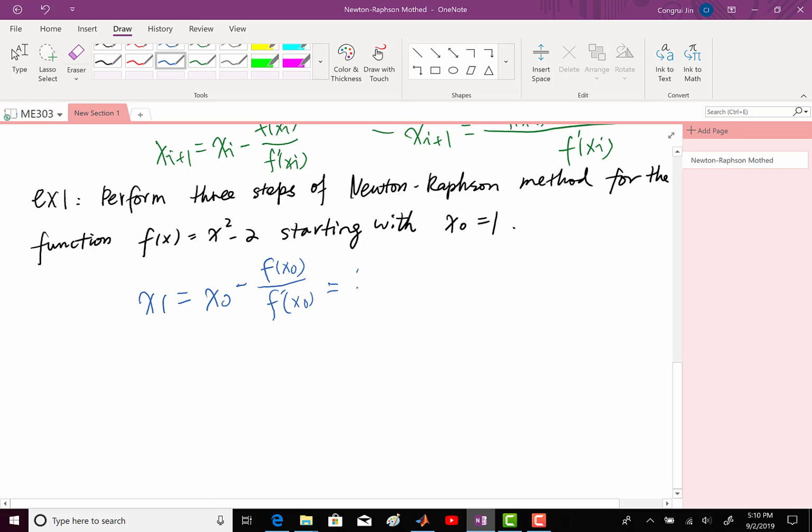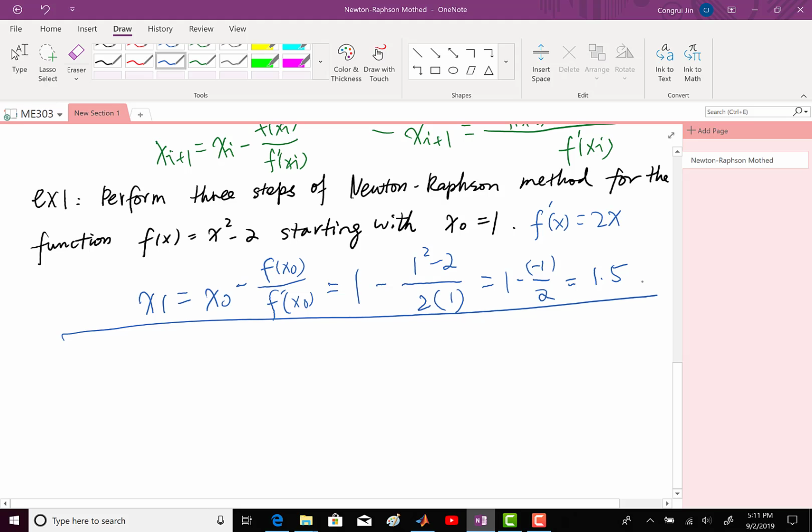So it's 1 minus (1 squared minus 2) over the derivative of f(x) at x equal to x0. We first need to get the derivative of this function, which is 2x. So 2x at x equal to x0 is 2 times 1. So this is 1 minus negative 1 over 2. So it's 1 plus 1/2, which is 1.5. This is the first iteration.